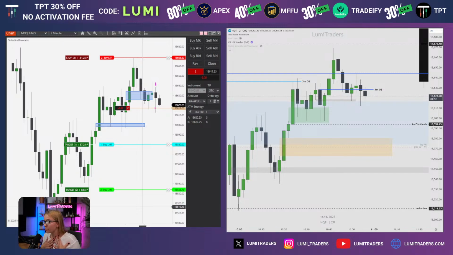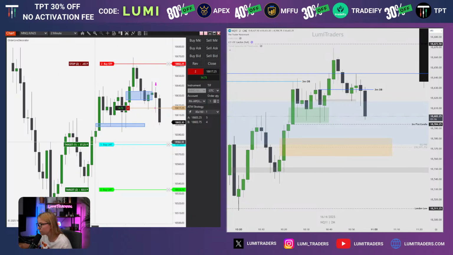If I'm wrong, then I will take stop loss and I will be happy I took stop loss. It's going to be one win, one loss for me. Let's see how it goes. I don't really care. Actually, I will move my stop loss to 50% of this wick.